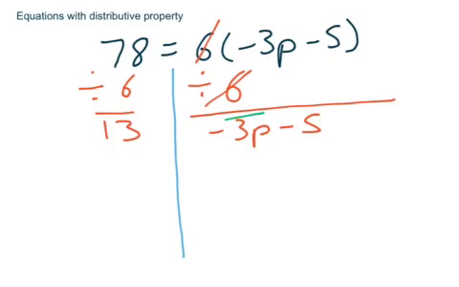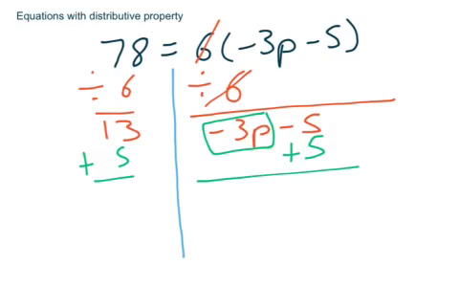Once again, I'm down to a two-step equation, so I'm going to do the opposite. I'm going to use my inverse operations. I'm going to add 5 to both sides. I'm left with a negative 3p is equal to 18. I am then going to isolate my variable by getting rid of that coefficient.